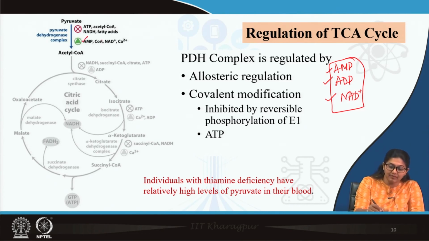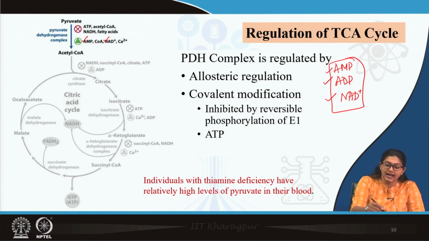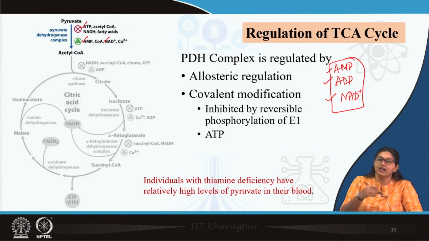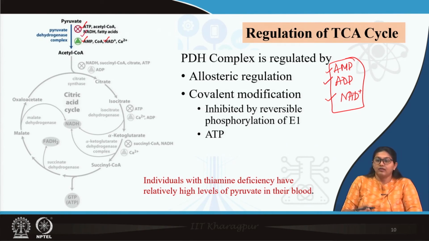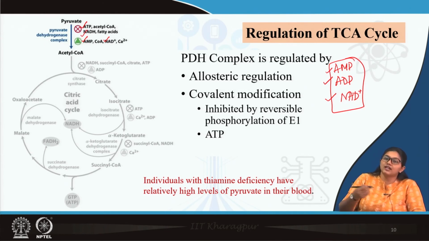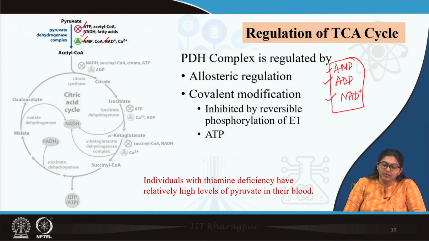You can see AMP and NAD are the allosteric activators. Similarly, molecules which signal energy excess in the body, like ATP, and NADH, meaning reducing equivalents are present, are the allosteric inhibitors of pyruvate dehydrogenase complex.